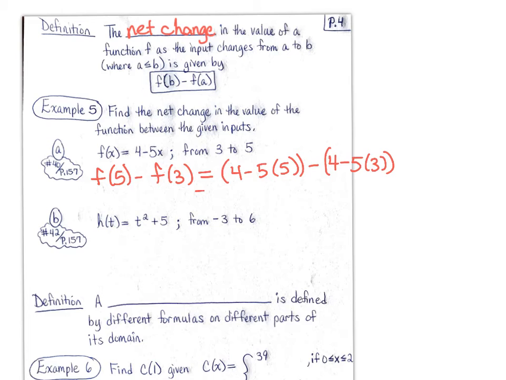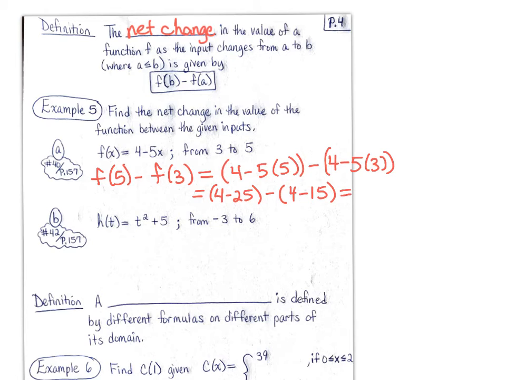Okay? 5 times 5 is what? 25, good. 4 minus 25. Minus, what's 4 minus... Oh, minus negative 1. Yes, but let's finish the problem, writing it out, and then take a step to evaluate it all. What's 5 times 3? 15, so you'll have 4 minus 15.